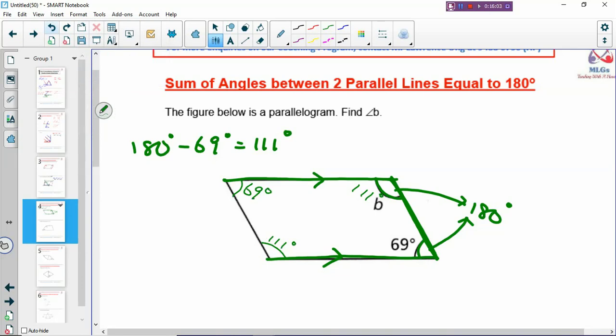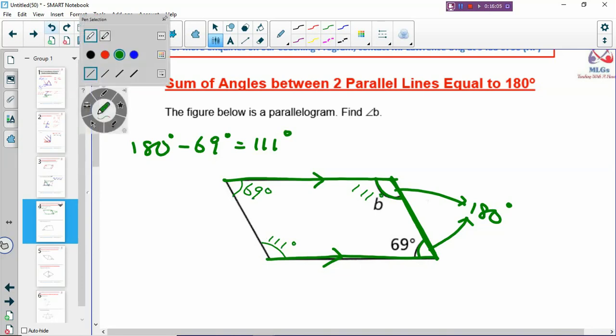If you look carefully, you will notice that there is another pair of parallel lines. These two lines are parallel.